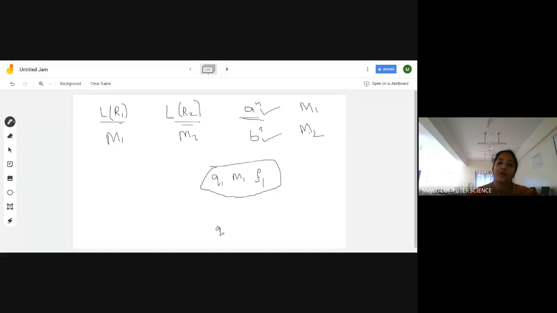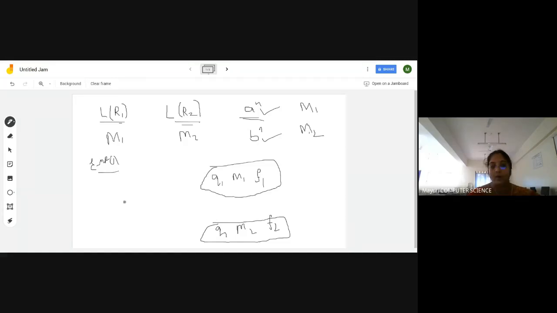And I will take one more machine M2 with state Q2, and its final state is F2. See, remember, we are constructing an epsilon NFA.